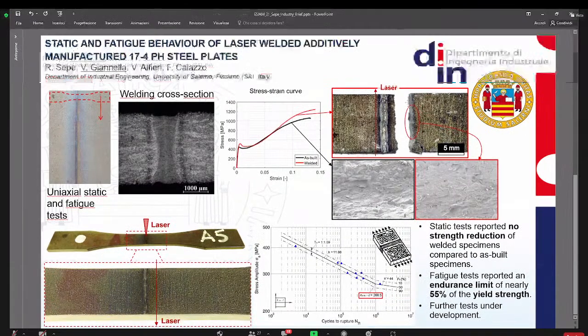Yes, hi, thank you for this great presentation and another investigation on welding of AM materials. I have two questions concerning the fatigue test results. The first one is about the evaluation.